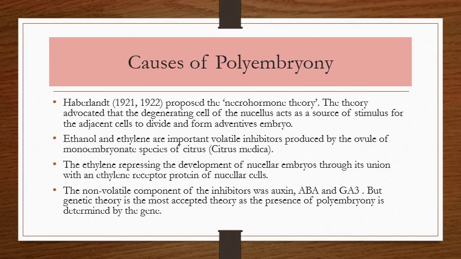And the non-volatile components of the inhibitors were auxins, abscisic acid, and gibberellins. But genetic theory is the most accepted theory, as the presence of polyembryony is determined by the gene.